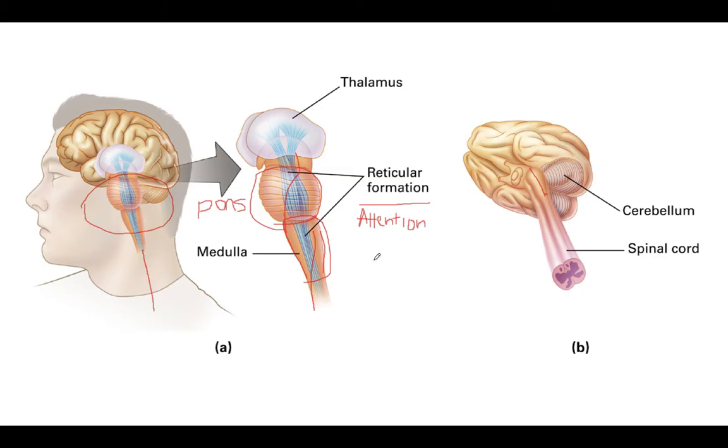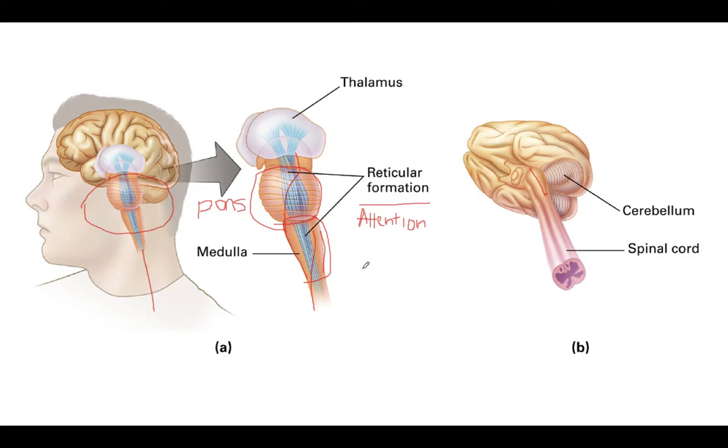Is that thing in my vision getting bigger or smaller, etc.? So our system is designed to detect change, and we'll learn more about that in the sensation and perception unit. The reticular formation is part of that evolution to focus on change. So what the reticular formation does is it filters out and ignores constant unchanging info, but it's alert to changes.